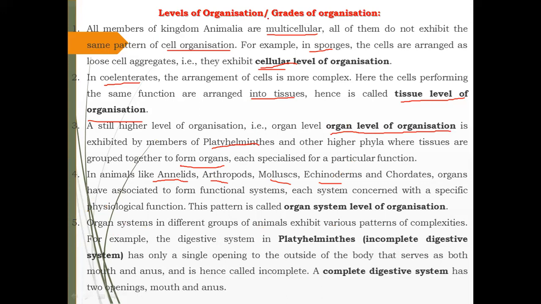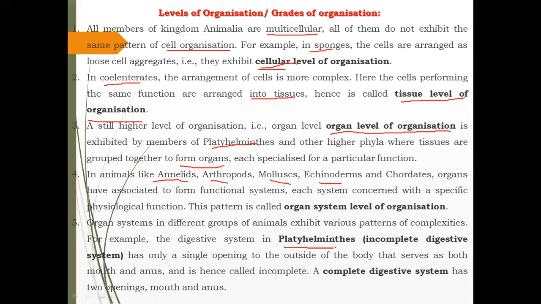If you take the first example, that is cellular level, that is very simple for understanding. But if you come to the higher phyla, at that time you get a very complex structure of organs. They perform different types of functions. For example, the digestive system in platyhelminthes is incomplete.